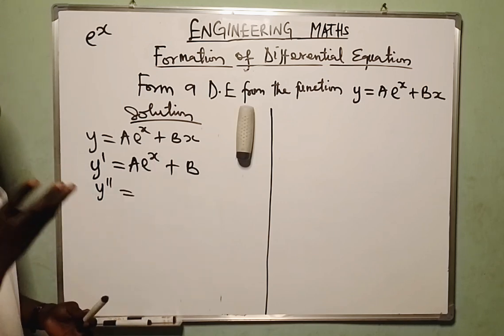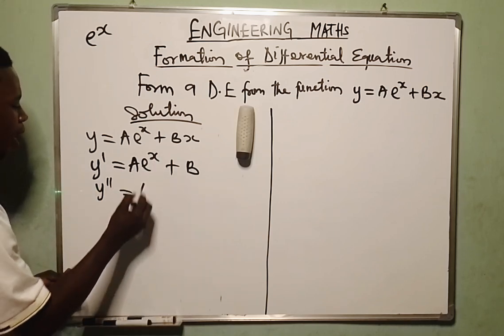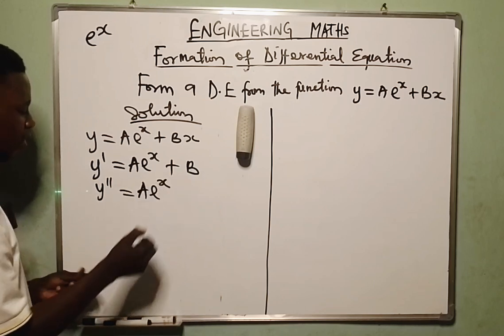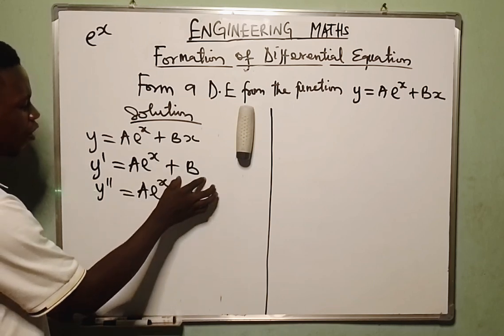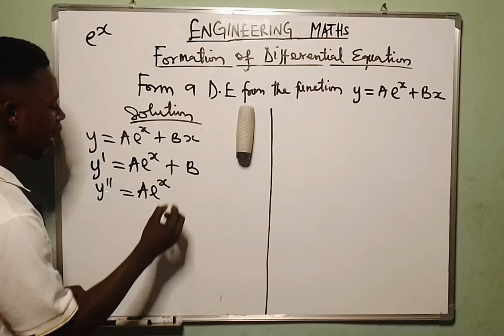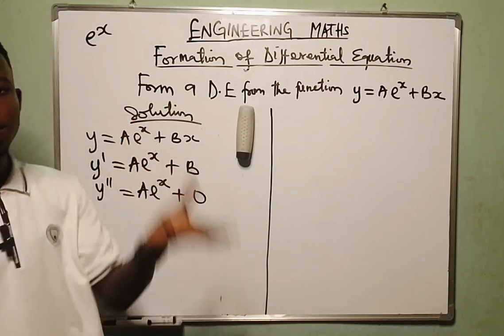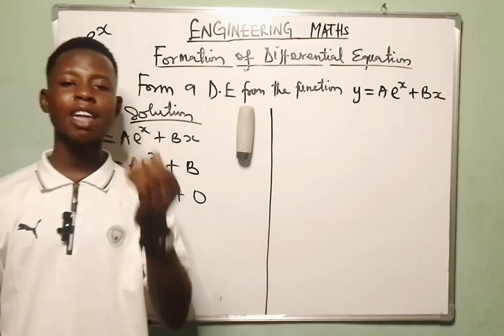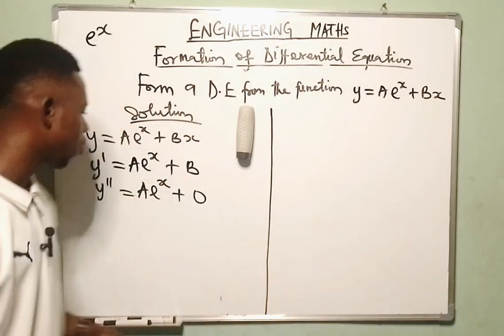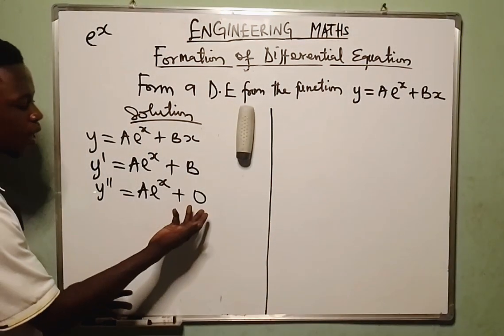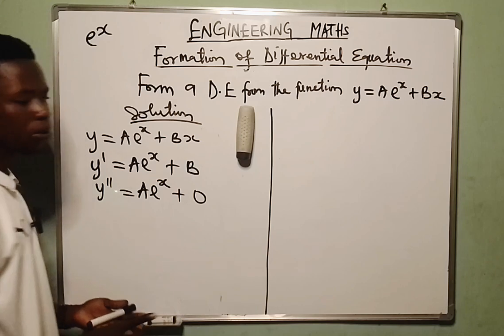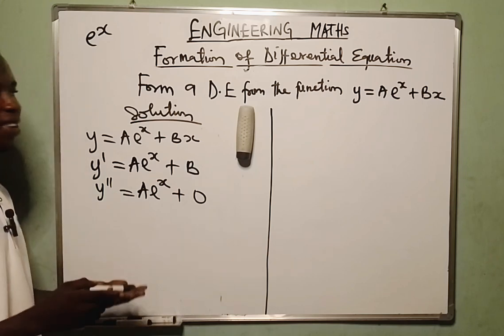When you differentiate a e^x, you still have the same a e^x. Now when you differentiate b, you are going to be having 0, because when you differentiate a constant, your answer turns to 0. So I may leave my answer to be plus 0, or you may clean yours, showing that it has turned to 0.